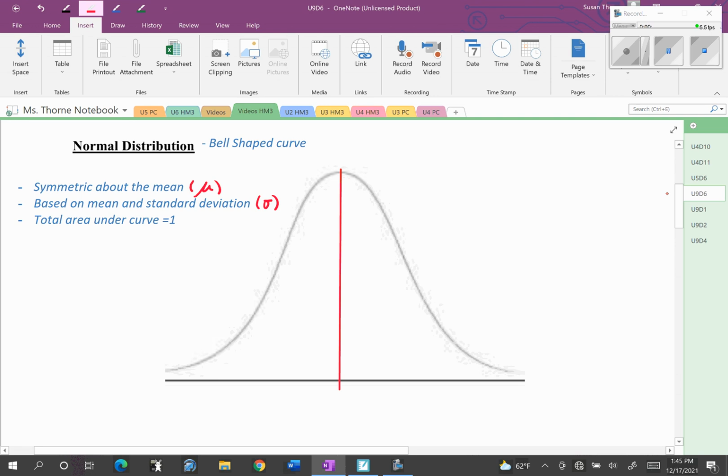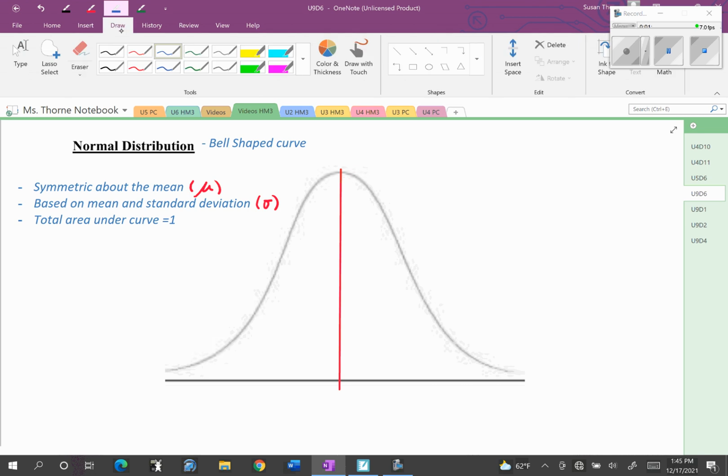So symmetric about the mean, which if we draw a line down here in the middle, so that means that this is the mean. I'm going to label that with our Greek letter mu.